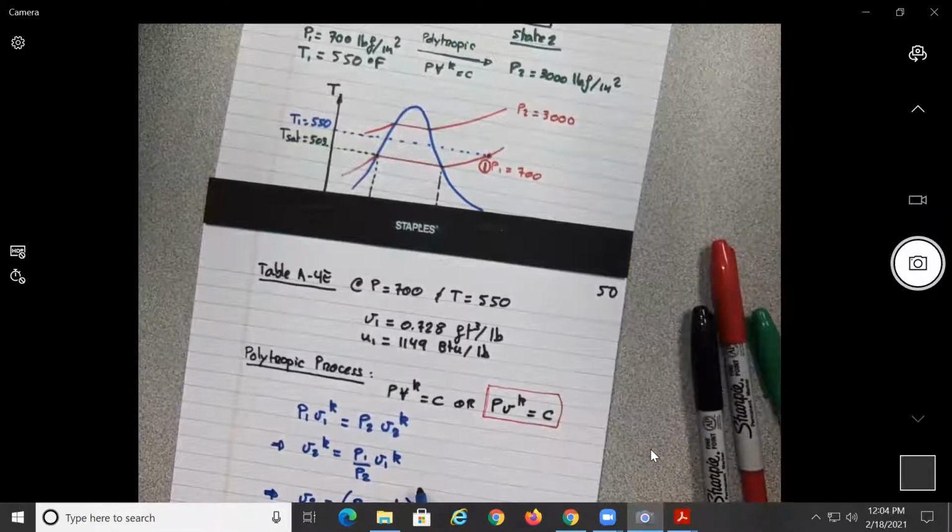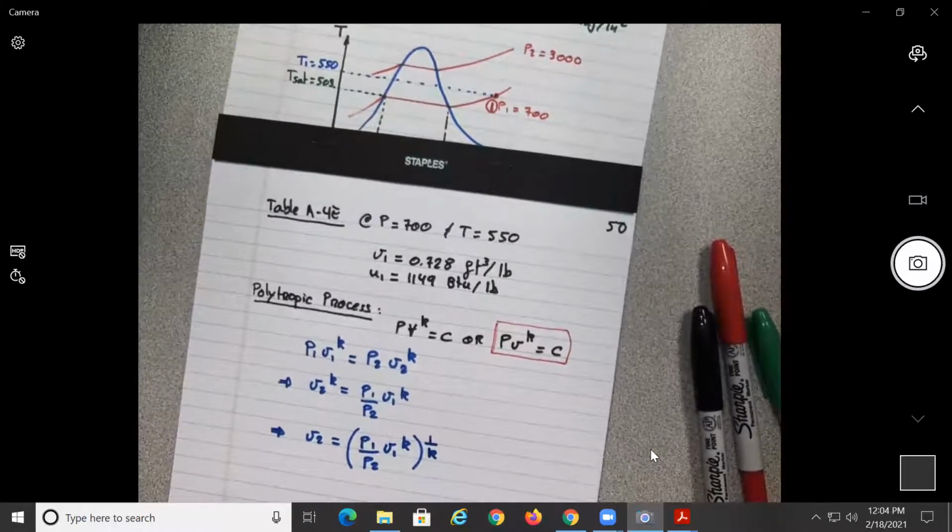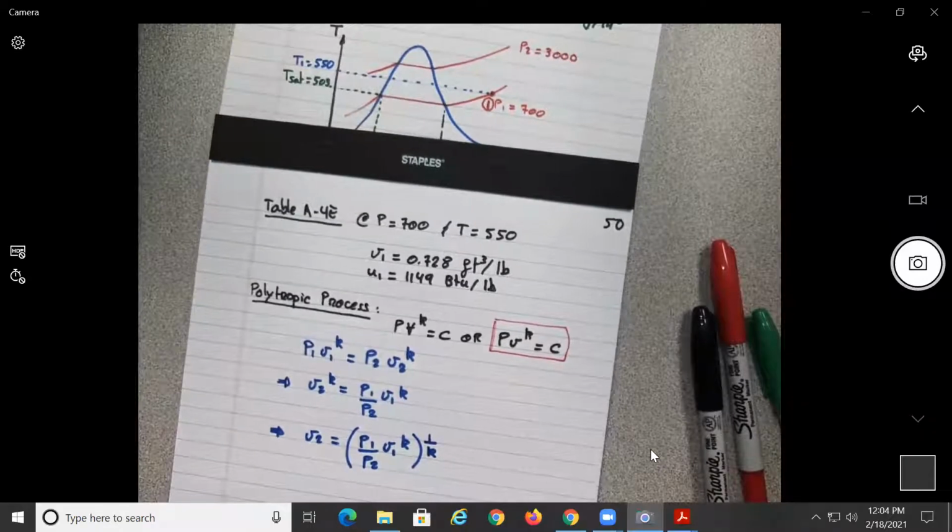Or just say this will be to the 1 over K. All right? Okay, so go ahead and do the numerical manipulation for me, please.